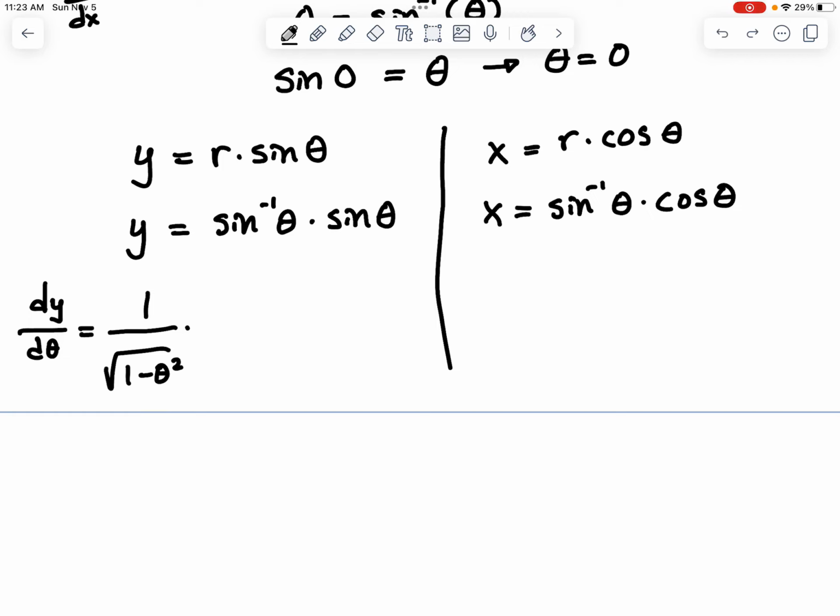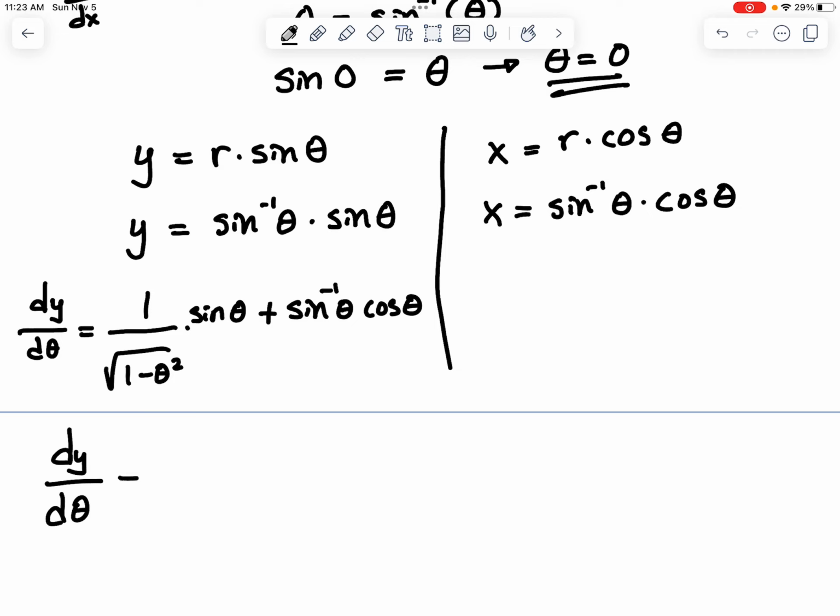All right, that was the beginning of the product rule. And then leave the sine function alone. And then it goes plus, leave the sine inverse function alone, and then take the derivative of sine, which is cosine. And then when you plug in theta equals 0, the first one will be, so if this is a 0, that means that it's just 1 minus 0, so that's just 1, and then sine of 0, plus sine inverse of 0, and then cosine of 0.